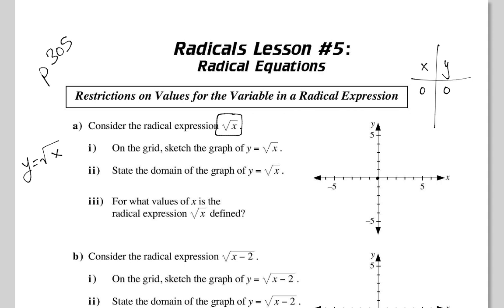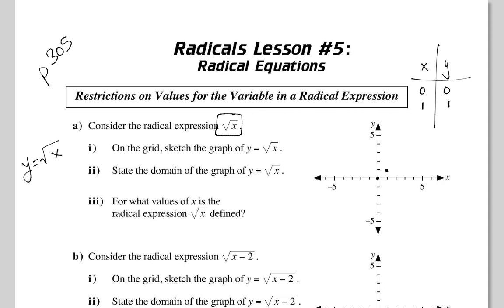Could you do the square root of 1? I'm just building a table of values here. What's the square root of 1? 1. Good. Because 1 times 1 is 1. So the next point on the graph is right here. It's 1 over and 1 up.